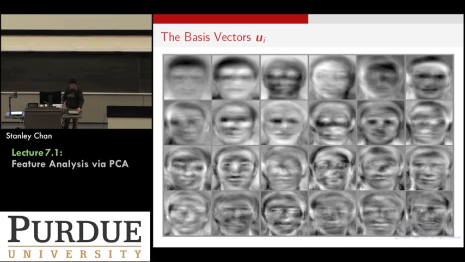Here is a snapshot of the eigenfaces. Now, they may not mean too much to you because they are just results returned by the computer. However, you do realize a few things. One, each of these is a basis. They are the eigenvectors.